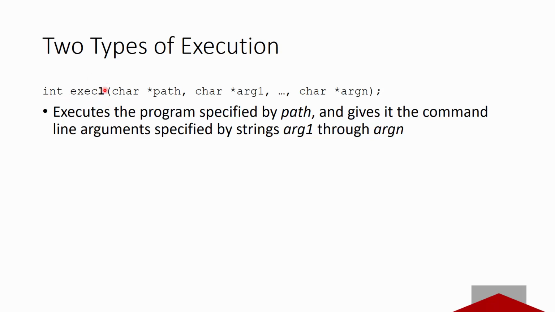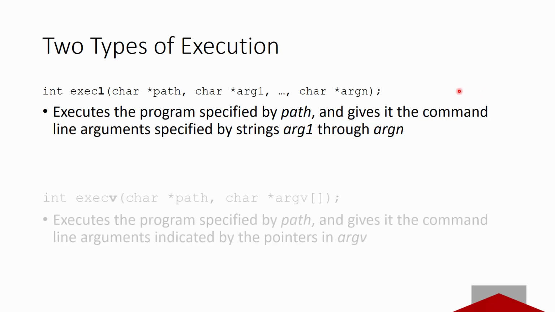This is exec with the L. What this does is it's going to execute the program that's specified by the path to that program that you put into this first parameter. And then all the rest of the command line arguments are specified in a list from arg1 all the way through to argn, and that's what the L stands for. That's a list. So here's the path to the program, here's all the arguments to that thing.